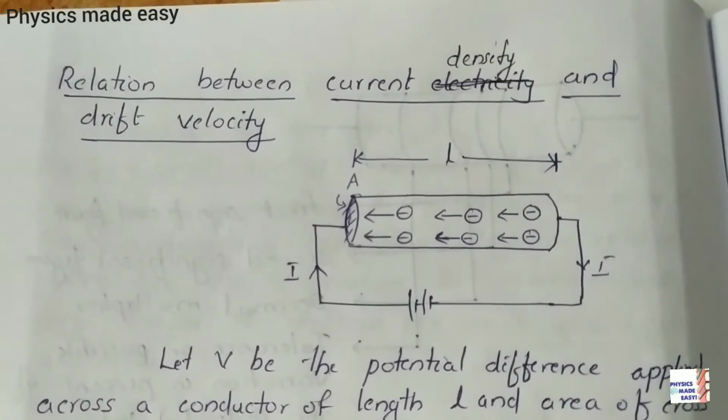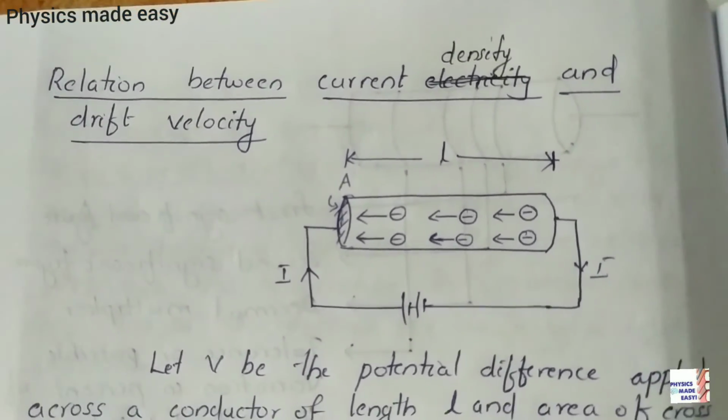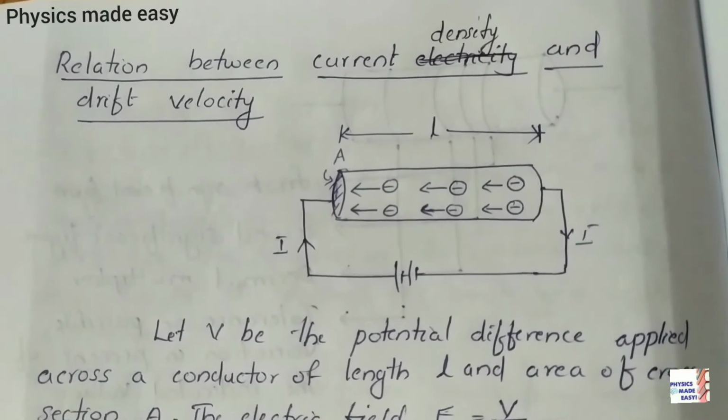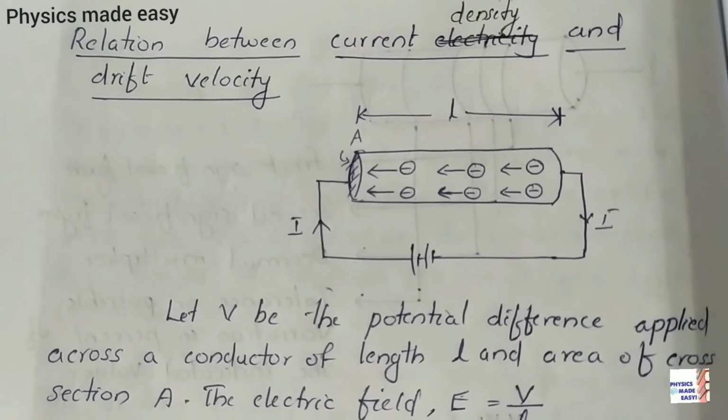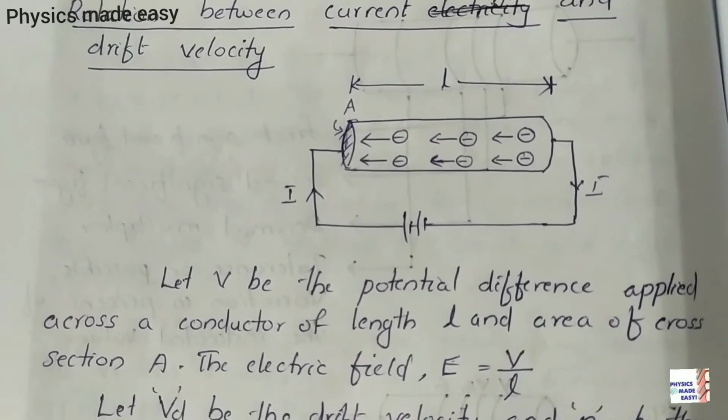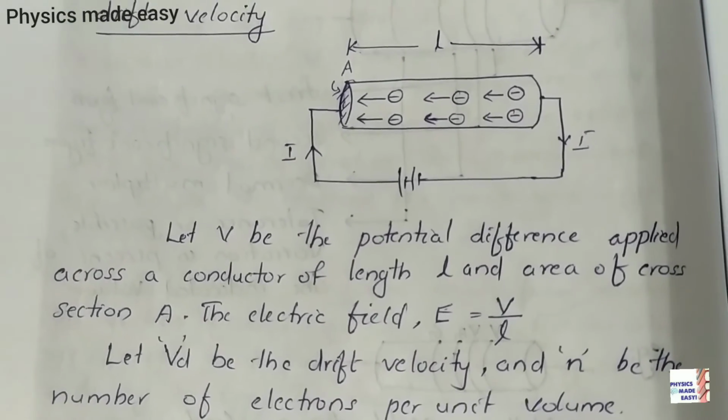Relation between current density and drift velocity. Drift velocity is the average velocity of free electrons. Current density, you know, is current per unit area, charge flowing per second per unit area.